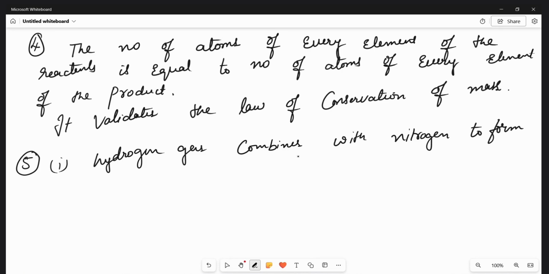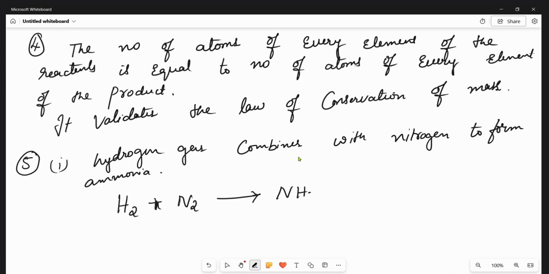Hydrogen combines with nitrogen to form ammonia.